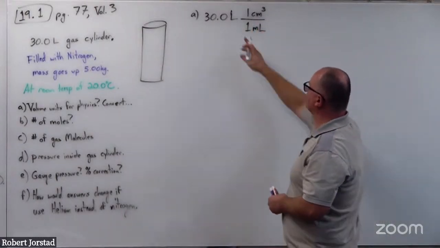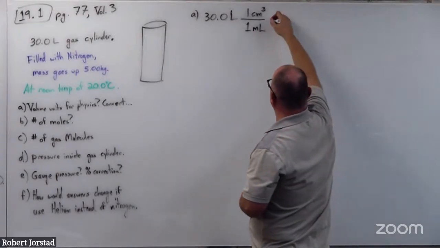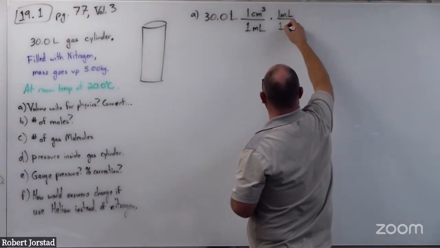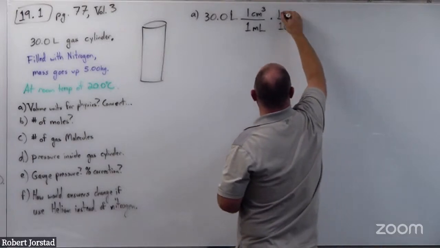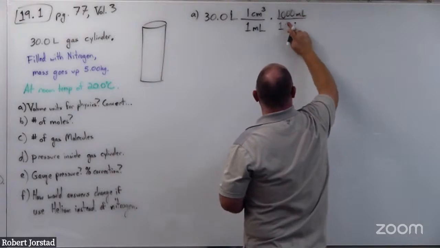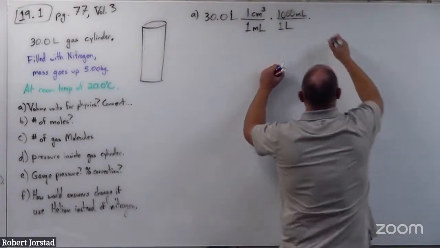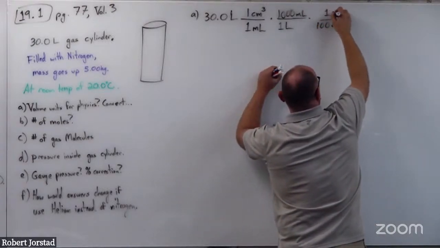Well, that doesn't quite match up because this is in units of liters. So maybe I better throw in the fact that 1,000 milliliters is 1 liter. And then finally, I know that 100 centimeters is 1 meter.